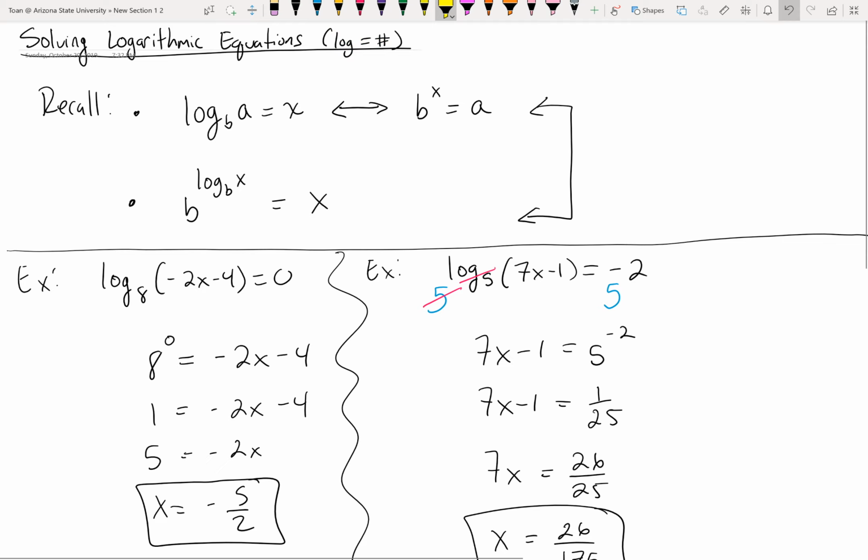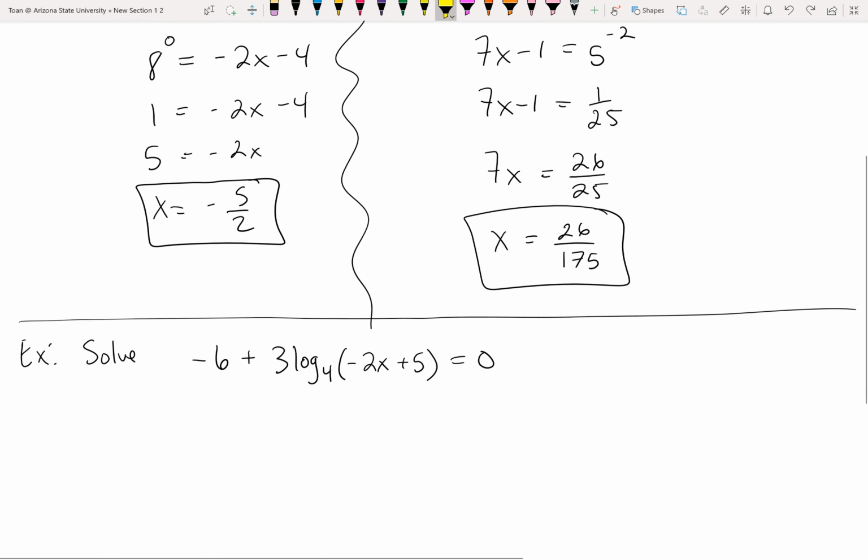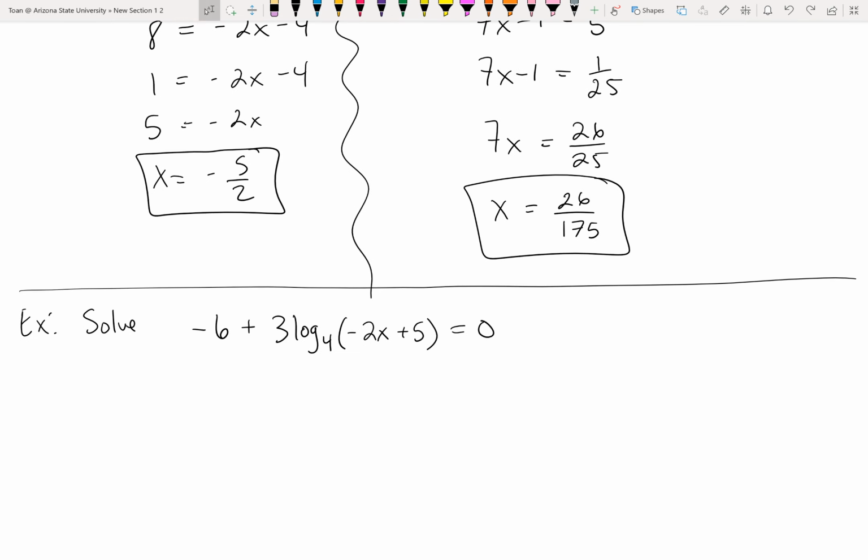So that's your goal. If you have a logarithmic equation and it's filled with messy numbers everywhere, your goal is to get the log by itself. You do not want to do anything until this log is isolated. So I hope it's very clear to everyone that to get this log by itself, we need to get rid of the negative 6 and we need to get rid of the 3.